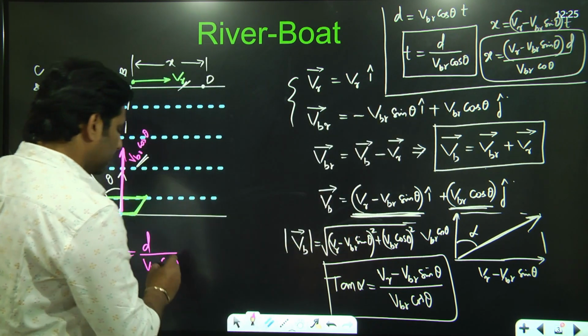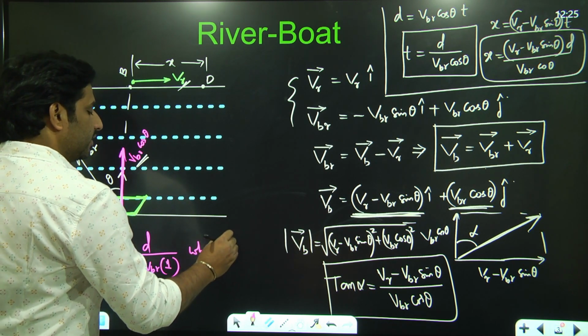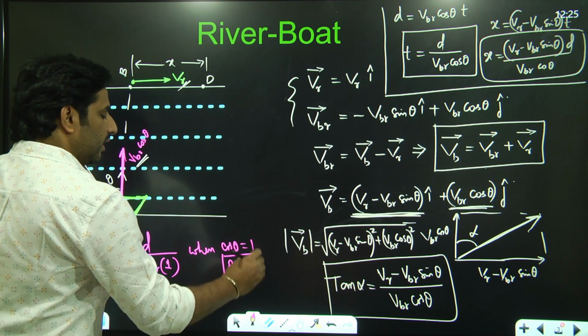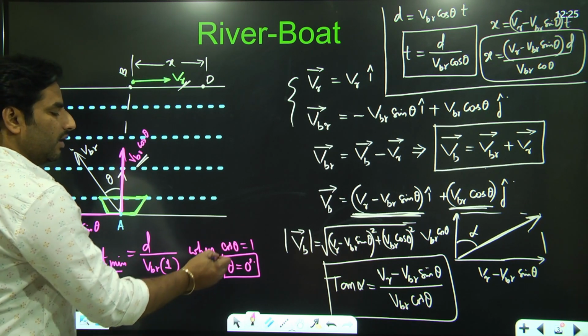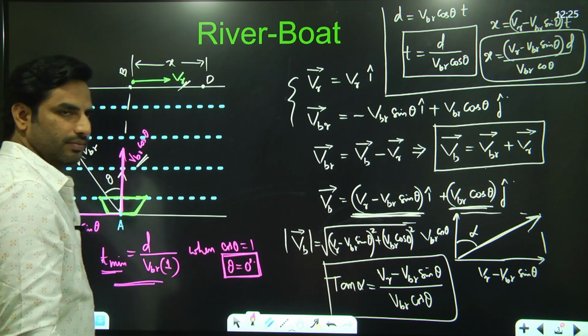The maximum value of cos theta is 1. Cos theta is 1 when theta is equal to 0. So the minimum time is d by VBR. The angle with which he should head is 0 degrees with the vertical.